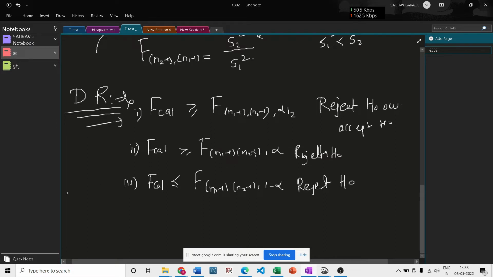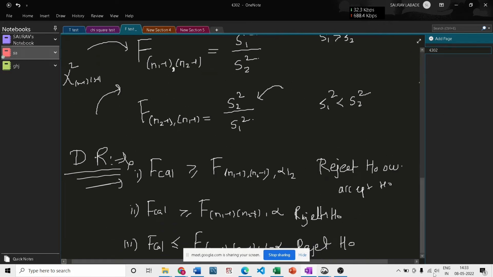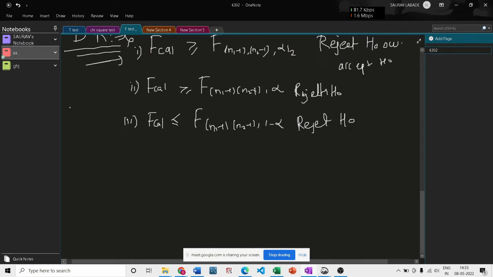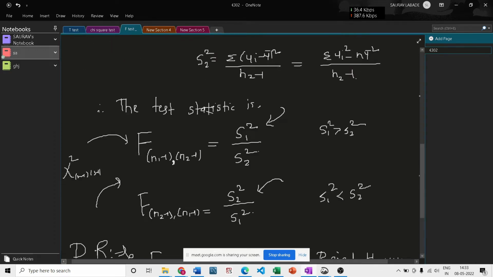This is the case of sigma 1 square less than sigma 2 square. This one is sigma 1 square greater than sigma 2 square. And this is the case of sigma 1 square not equal to sigma 2 square. So this is the decision rule. This is all the theoretical part of this F test. Now we will see one example on the basis of this F test, and then we will stop here.